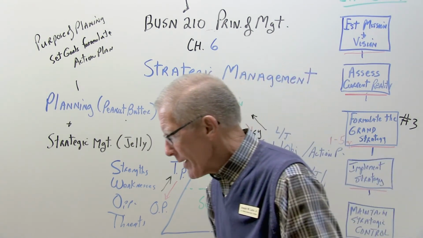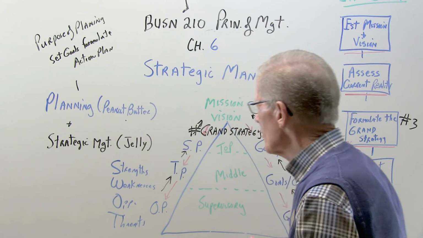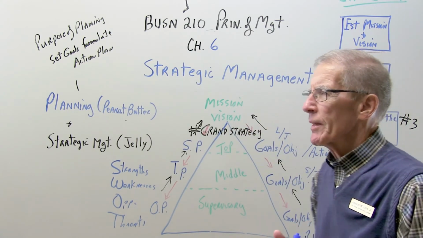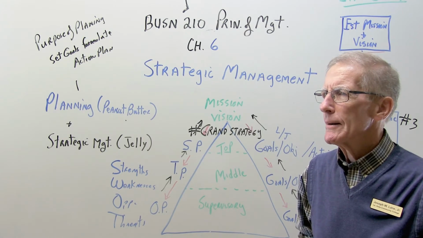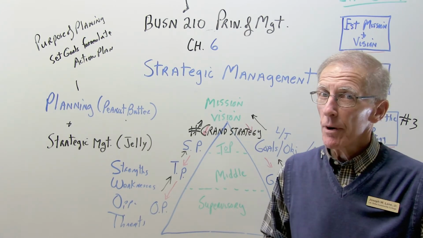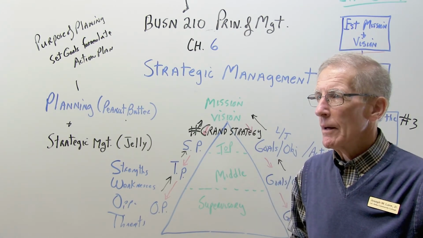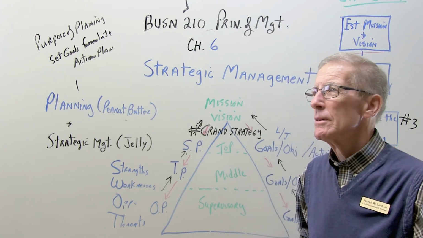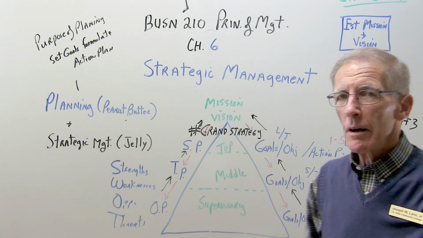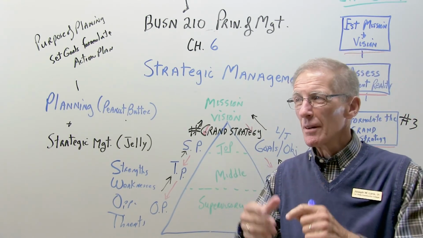The third strategy is a defensive strategy. Who might be in a defensive strategy? Kmart? JCPenney? Sears?